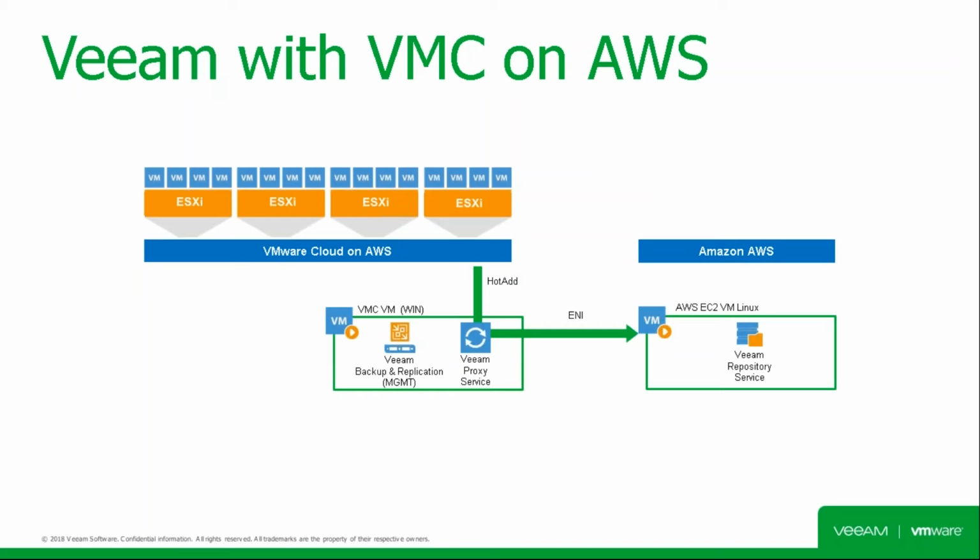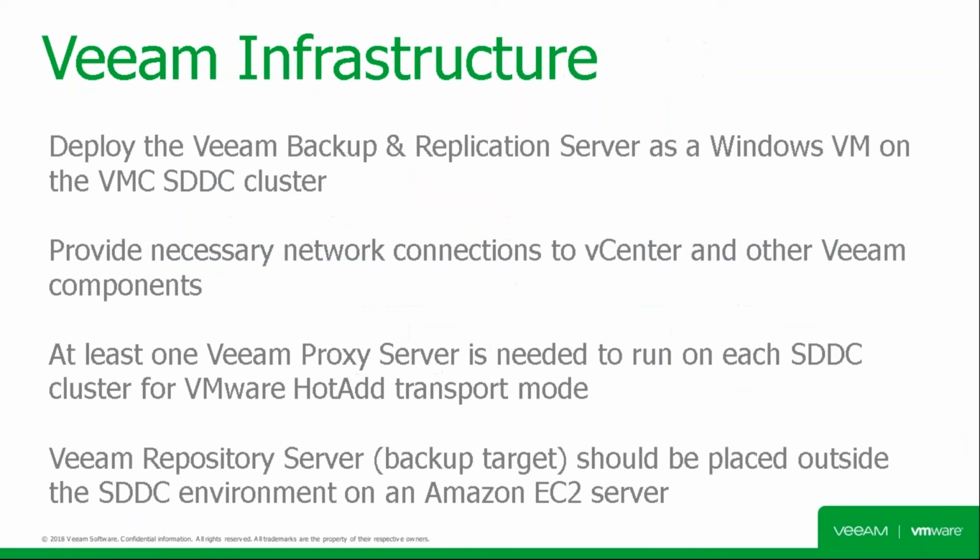What we do with Veeam is, within VMs that live in the VMC environment, we send our proxy traffic using the AWS Elastic Network Interface, ENI, which is very fast, over to an Amazon AWS Linux VM where we host the Veeam repository service. So we're getting those important backups and protecting that data outside of the VMware environment, very similar to what you may do today. Let's go to the next slide.